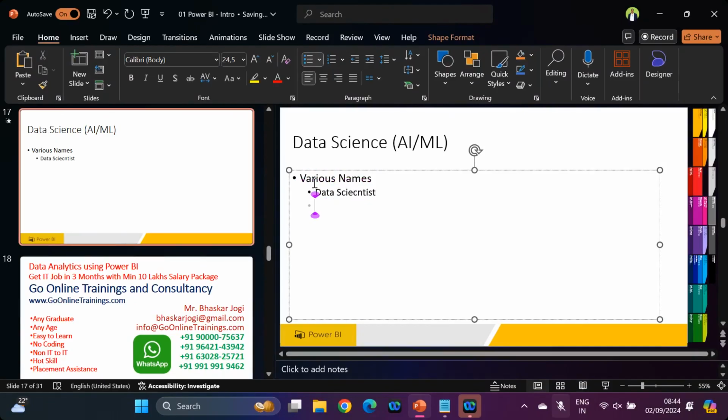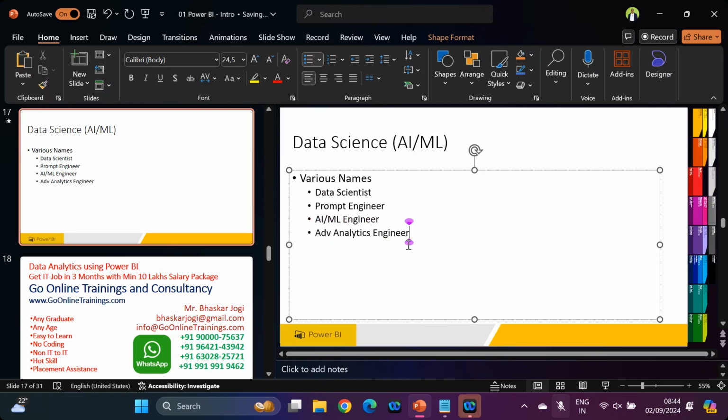You can become a data scientist, or a prompt engineer, or an AI/ML engineer, or an advanced analytics engineer. Like that, people are going to be using different names here.